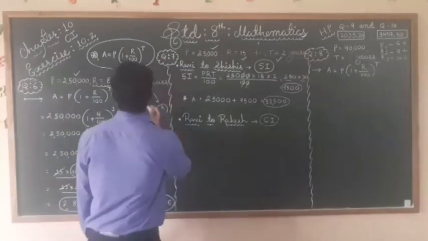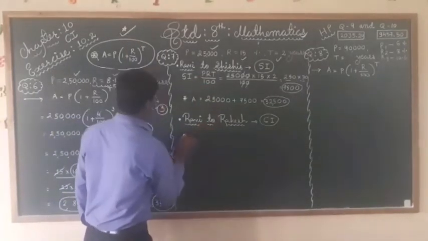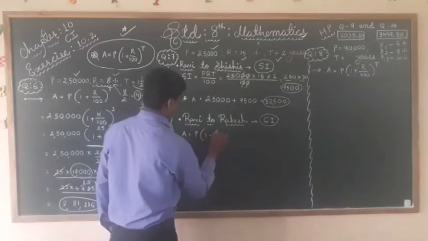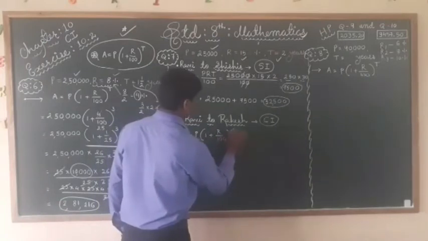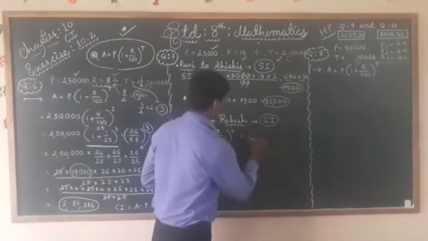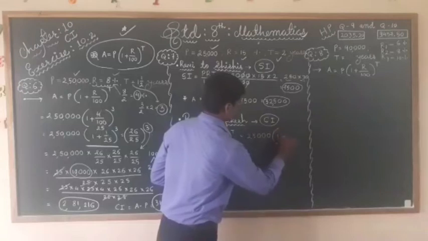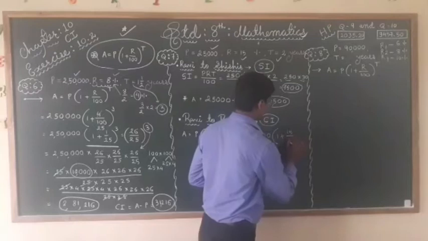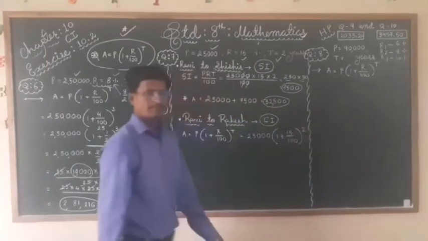Now we have to use the compound interest formula: A is equal to P times (1 plus R upon 100) to the power T. Now keeping the values, P we have 25,000, 1 plus R, that is 15 divided by 100, and the term is 2 years.